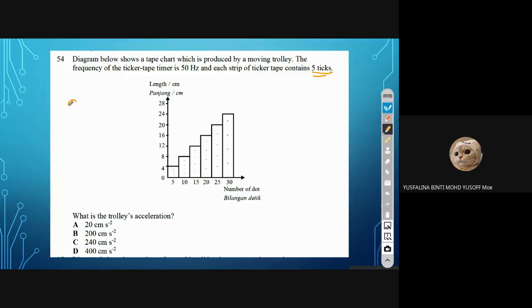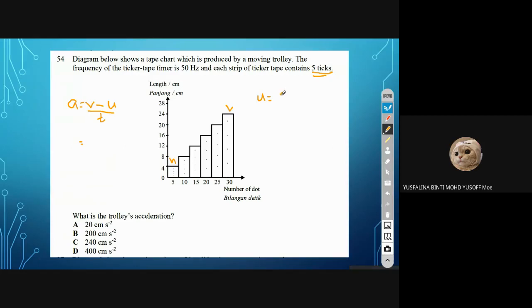The formula for the acceleration is (V minus U) divided by T. So you have to find first the final velocity, initial velocity, and the time. Let's find the velocity first. Find U first. The initial should be the first ticker tape here. So this is U and this one must be V.